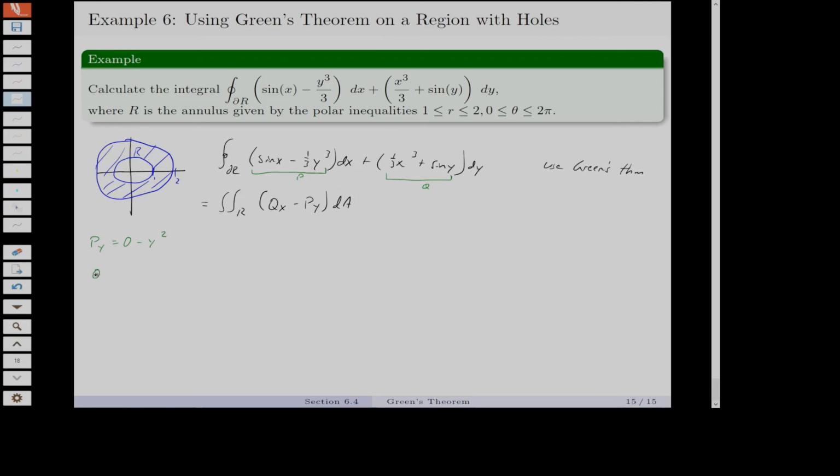If I take q, 1/3 x cubed plus sine y, and differentiate with respect to x, the 3 comes down and cancels, so I get x squared, and the derivative of sine y is 0. So q_x minus p_y is x squared minus negative y squared.